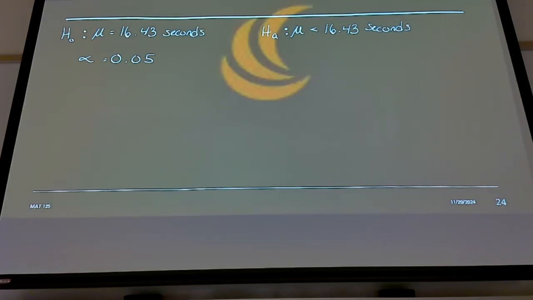So for step 4, we already determined the rejection region is in the left tail. Since we are looking at one-tailed, we need to state z alpha, the critical value.